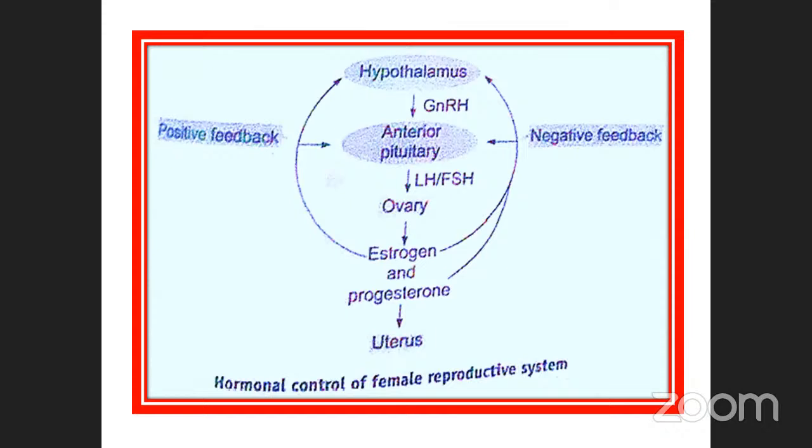They may ask the question: which one is estrogen? Progesterone has only negative feedback. Sometimes they may ask which hormone is responsible for the negative feedback. Which one is progesterone? Both, meaning estrogen. The progesterone is also essential for the uterus. These are the hormone controls of the female reproductive system.